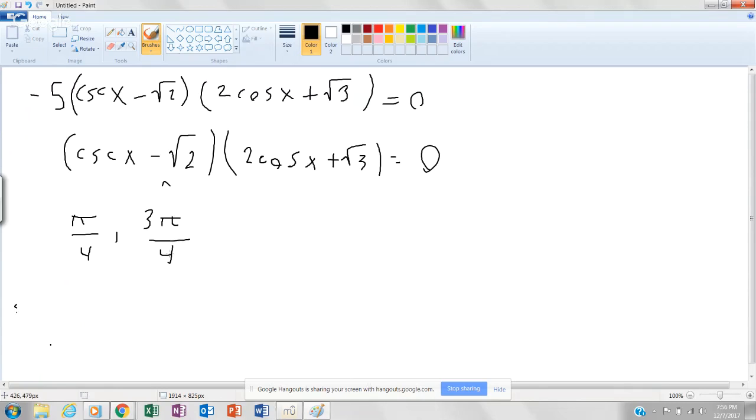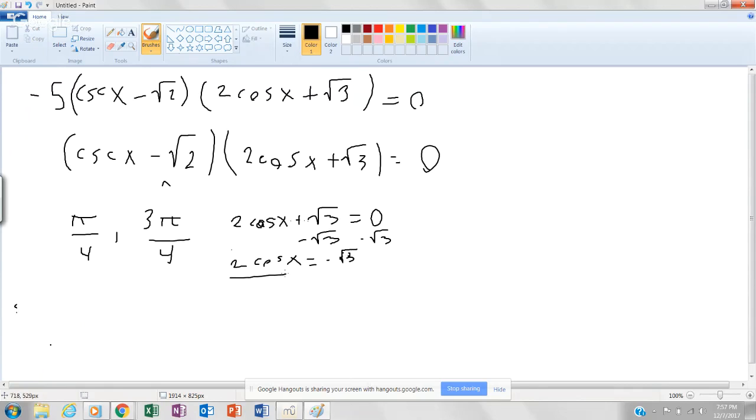Well, now we're going to do the second one. So the second one is 2 cosine of x plus root 3 equals 0. So we're going to subtract root 3 on both sides. 2 cosine of x equals negative root 3.